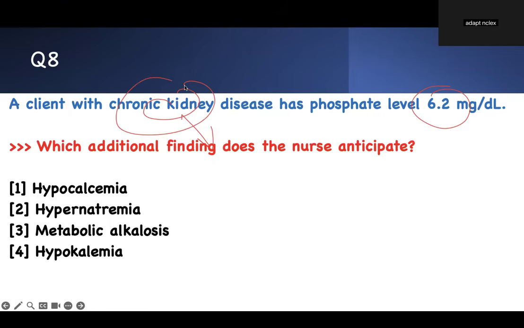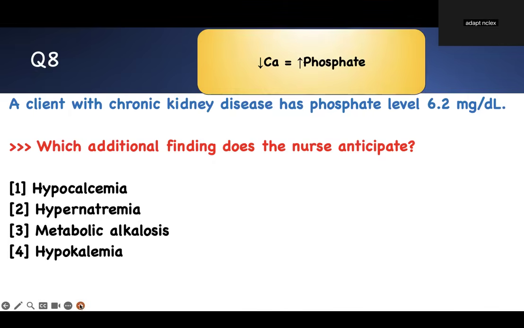Your calcium is going to go down. Your sodium can go anywhere it wants. You're going to have metabolic acidosis. The potassium goes up. At the same time, go back and use strategy. Whenever your phosphorus is high, the best answer is calcium low. As you increase your phosphorus due to your kidney injury, your calcium is going to go down.